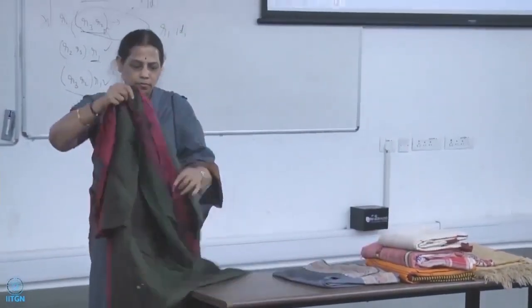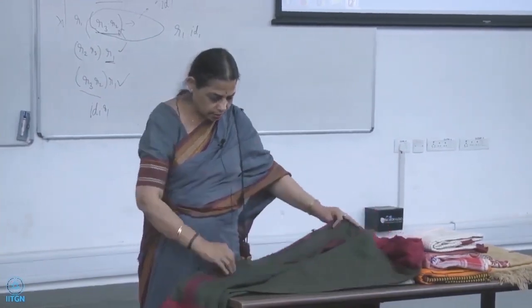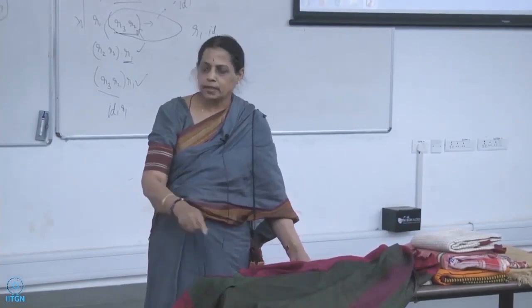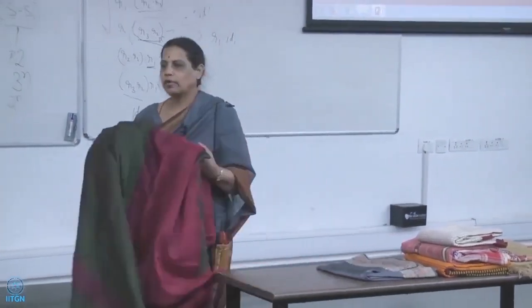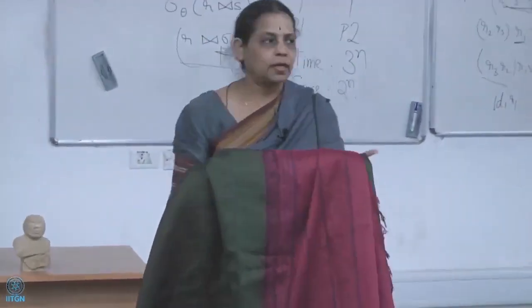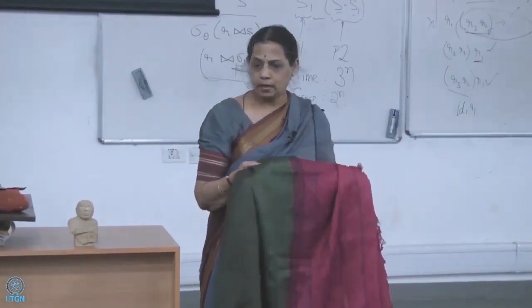This is from Kanchipuram. I had mentioned how the three shuttle is used to weave the border separately, the pallu separately. It is the same technique. This is called koravai. A similar technique is used in Gadwal and the Telangana region, which is called Kuppadam and Adai.